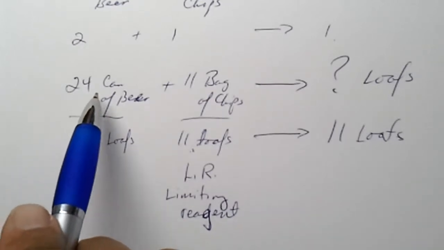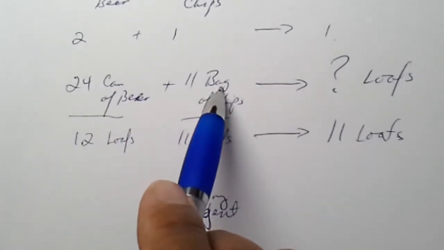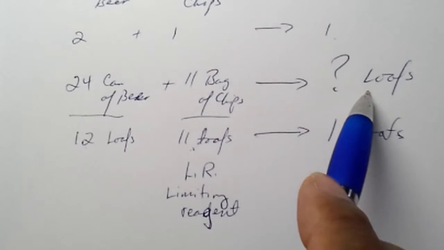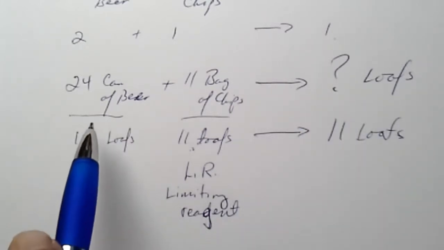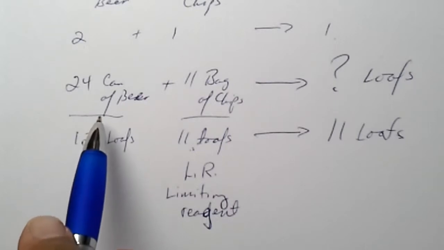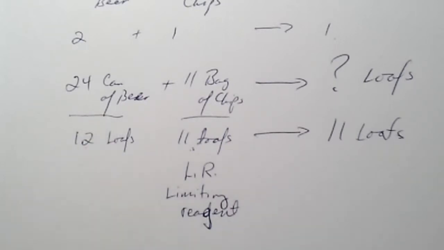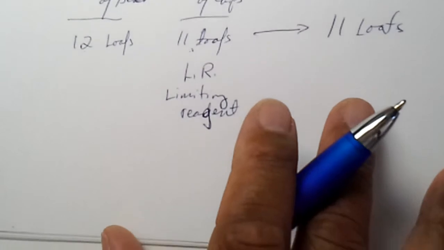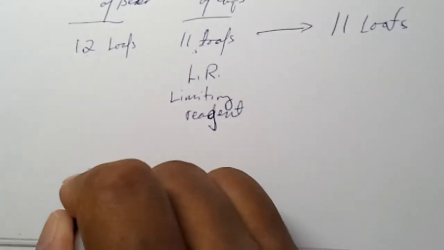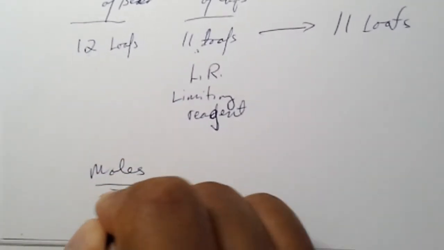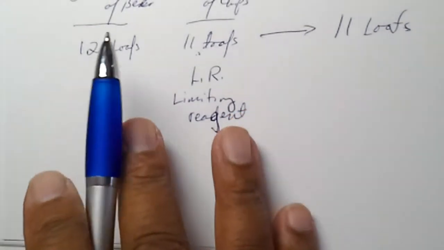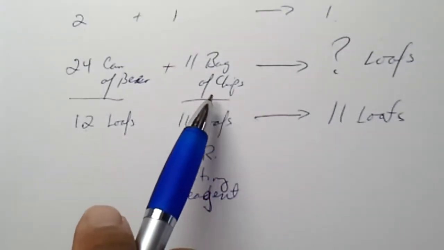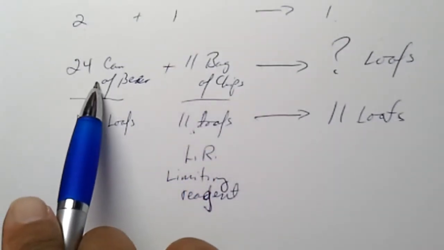But how much of each reagent giving us product is essentially what stoichiometry is. And the fact that we operate chemical reactions in moles helps us out a lot, because unlike the beer and the chips, those are 2 different units of measure.